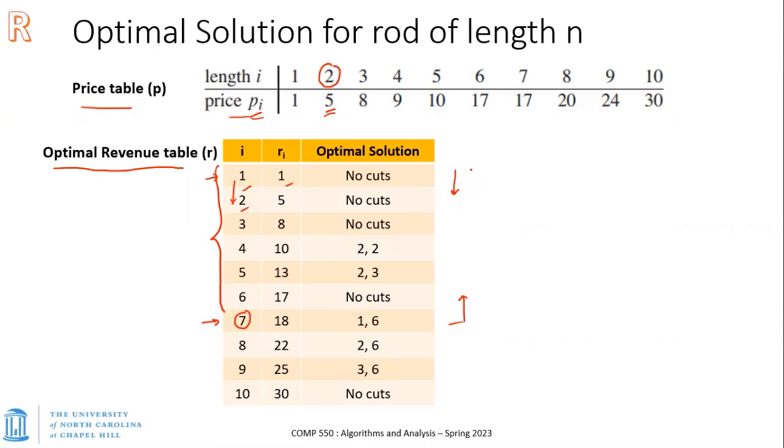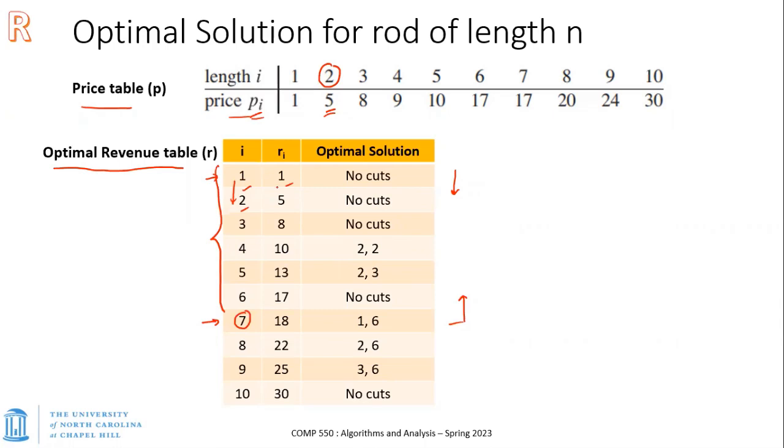Right. So if you know the order in which you need to solve the problem, and you're going bottom up, and the equation comprises problems which are smaller, then it makes natural sense to go bottom up.